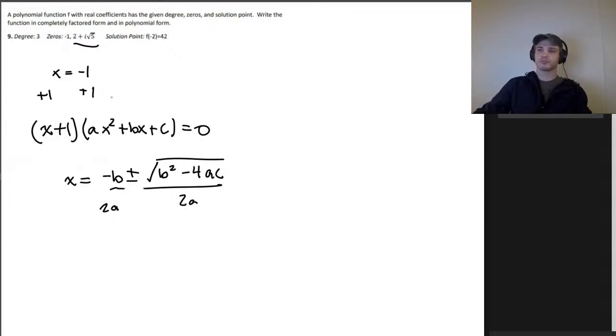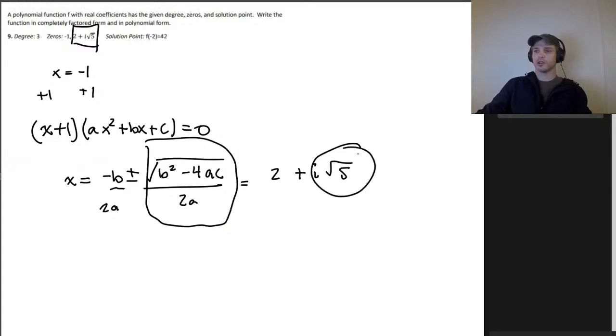Okay, so this is a zero, and I know what that zero is. It's 2 plus i root 5. So I know that this thing is equal to 2 plus i root 5. This part has a square root and this part has a square root, so they have to go together.